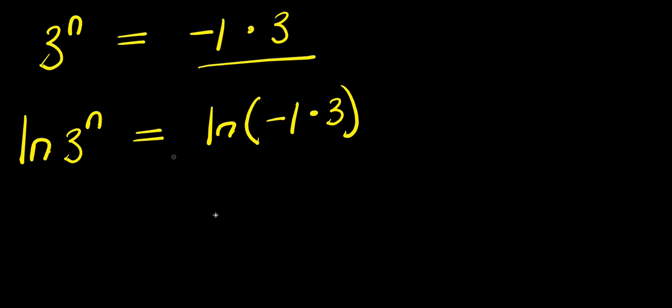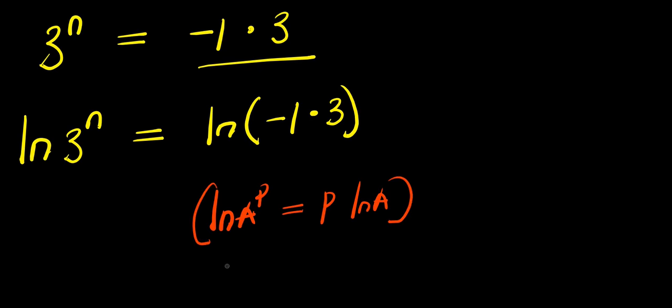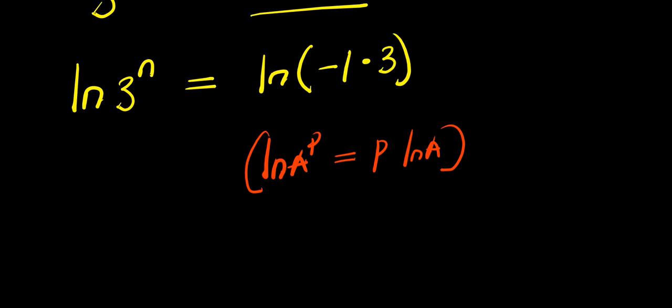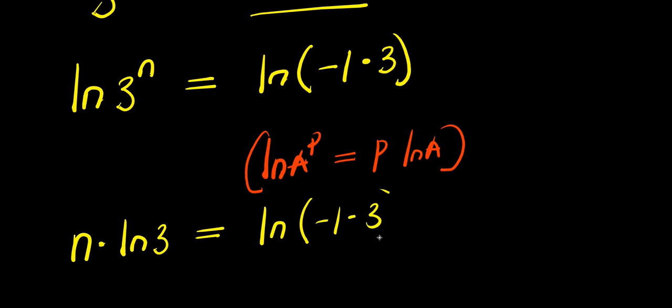Now, if you have natural log of a power b equals b times natural log of a, so we are simply going to have n times natural log of 3 equals, for this, let's still maintain -1 times 3. That's natural log of -1 times 3.